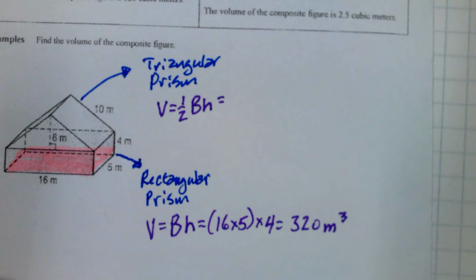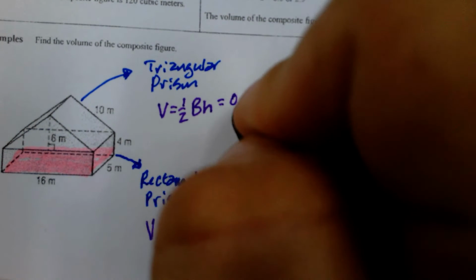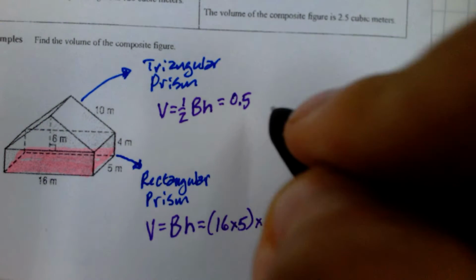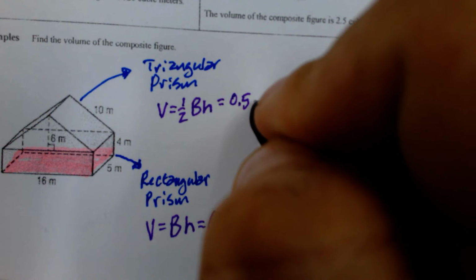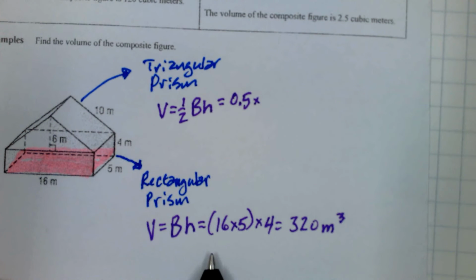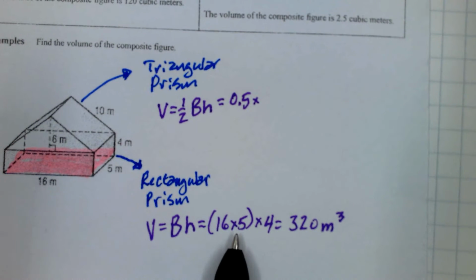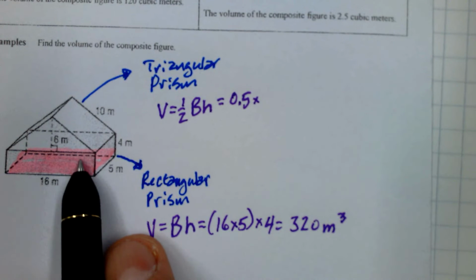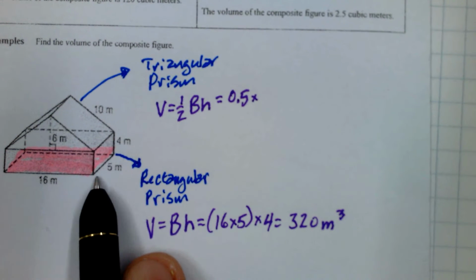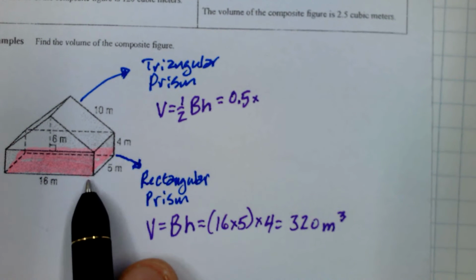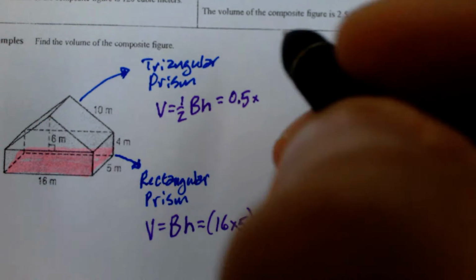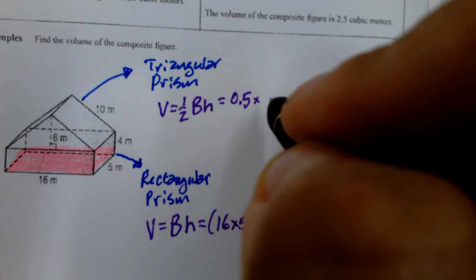Since we're using a calculator, we'll do 0.5, and then multiply that times the base. What did we multiply for the base, since they're identical? 16 times 5, because that's what we have here, 16 by 5. It's the same dimensions here and here.